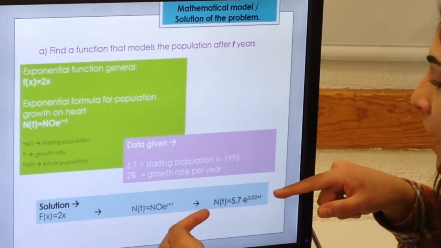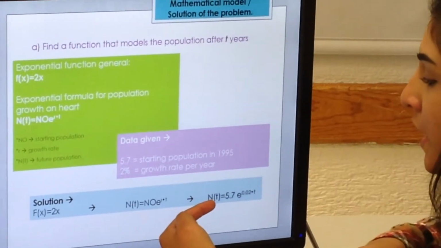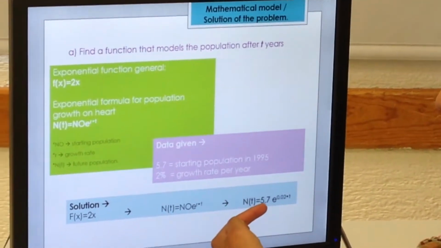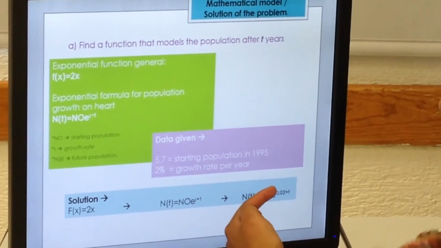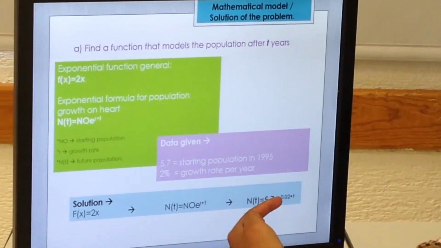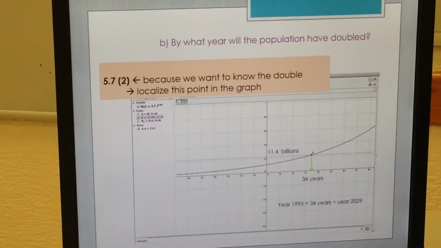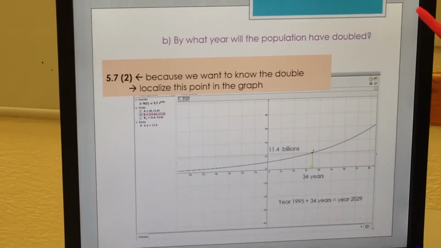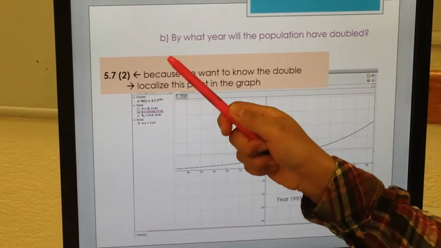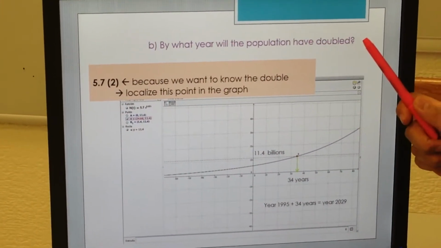And here we have a solution that says that N(t) is equal to 5.7 e raised to 0.02 t.